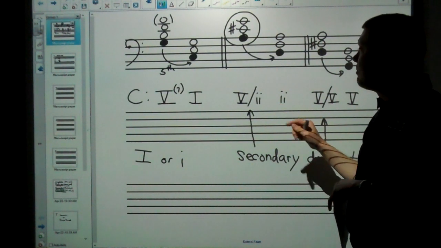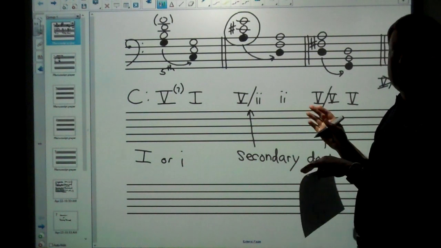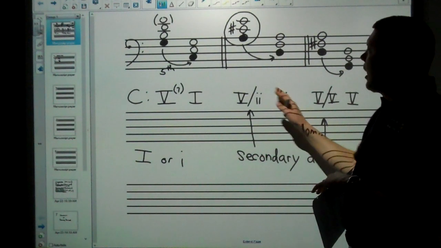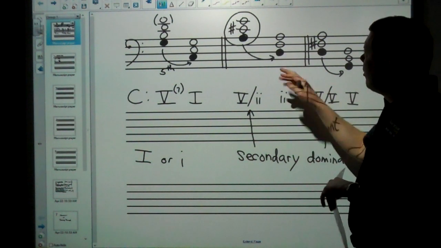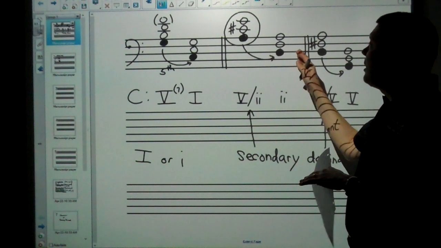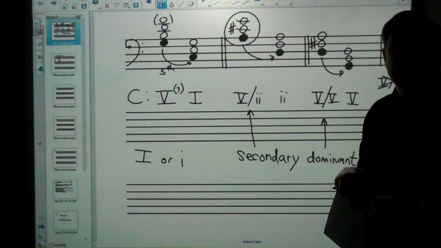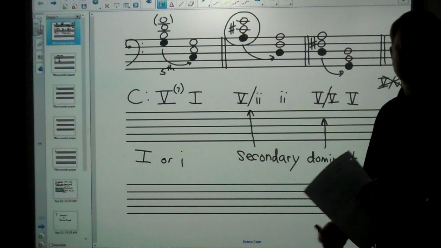Okay, that's important to remember. If you want to think of it on a slightly different level, we're taking a chord that's not tonic and we're preceding it with its dominant to make that chord, just for that beat or however long that chord lasts, sound like tonic temporarily, even though it's really not the true tonic in the key in which it's found.